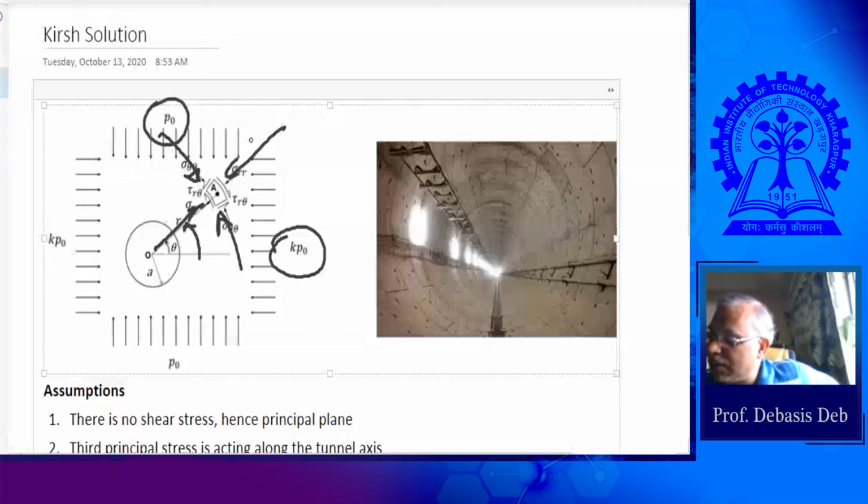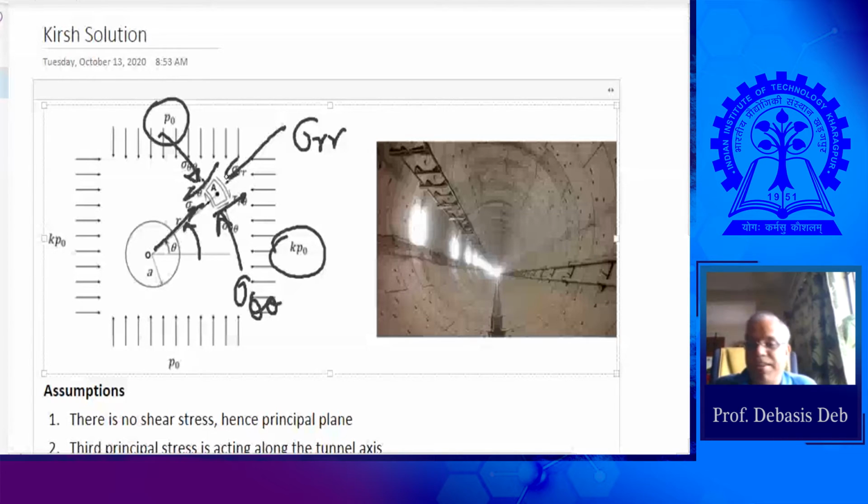So this is sigma rr, this is sigma theta theta, and there is a shear stress here, this is tau r theta. So these are the three stresses. New stresses will form. That is what he said.